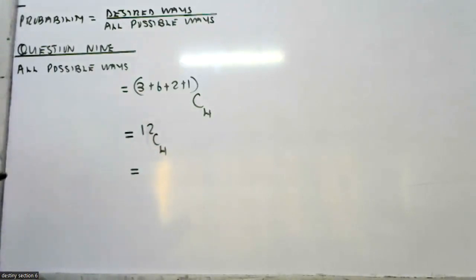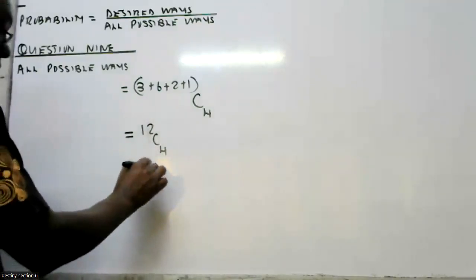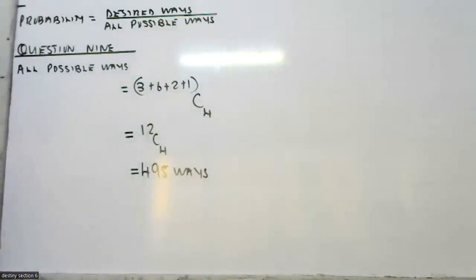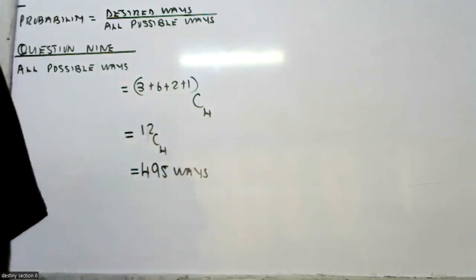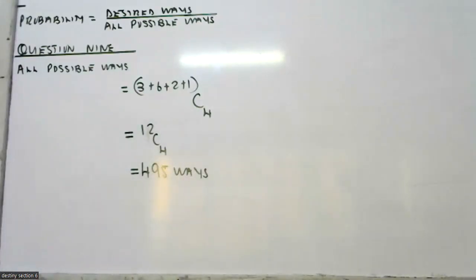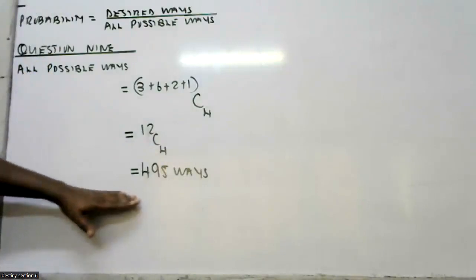Put in the calc: 12 combine 4 is 495 ways. So those are the number of possible ways.